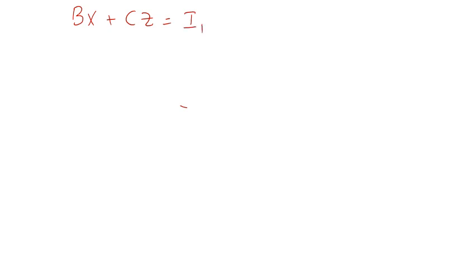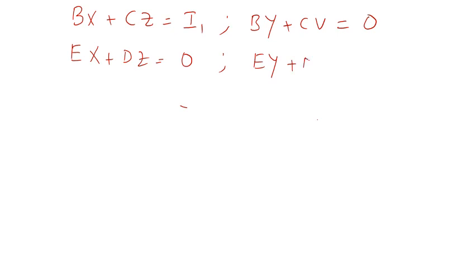Next, BY plus CV equal to 0. Next, EX plus DZ equal to 0. And EY plus DV equal to I2.